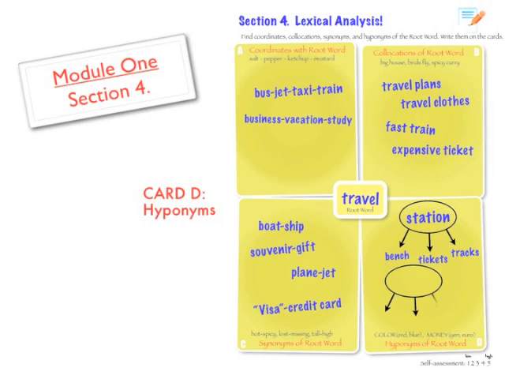Okay, the word here is money, and so different types of money: cash, cards, as in credit cards, and checks, maybe traveler's checks or personal checks. Okay, so these are hyponyms. Now, this is an interesting mental activity for the students to work their heads around in the English language.